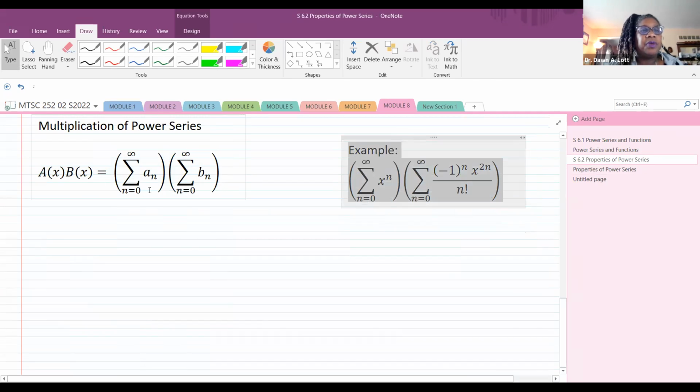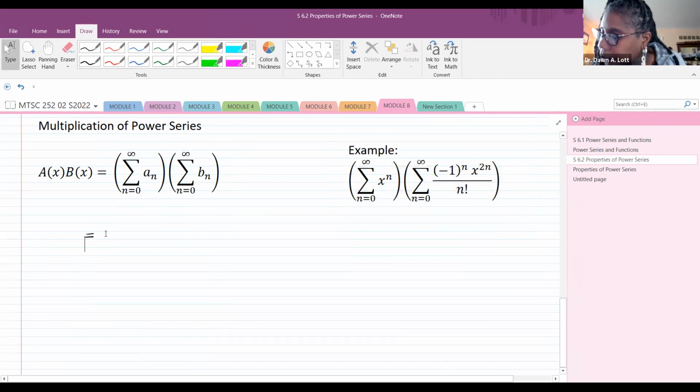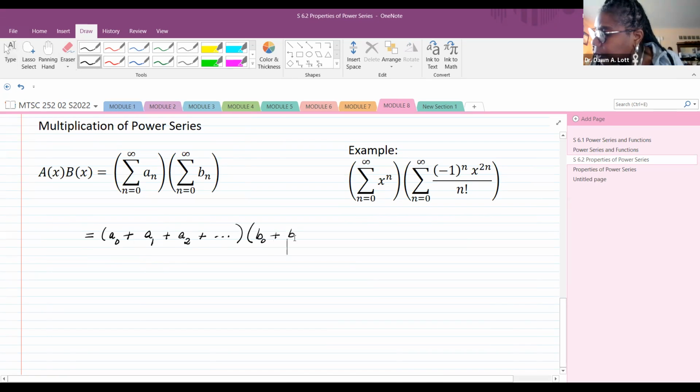But if you're doing this, this looks like A0 plus A1 plus A2 plus dot, dot, dot times B0 plus B1 plus B2 plus dot, dot, dot.